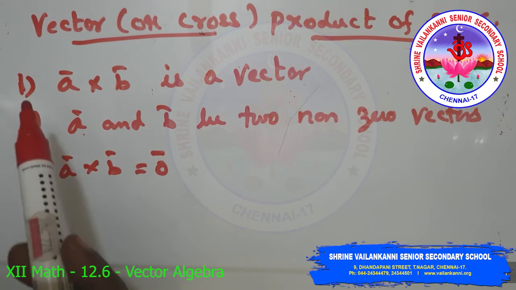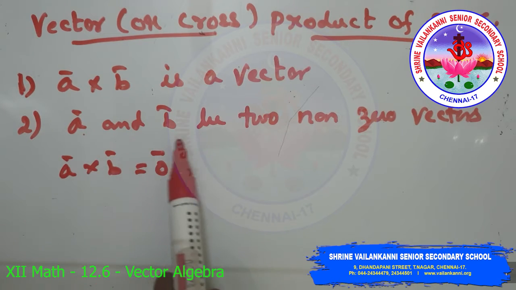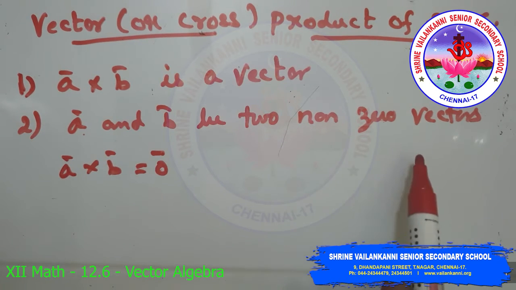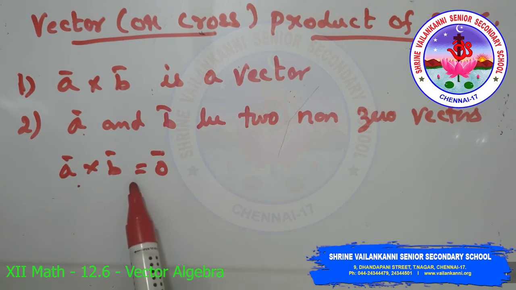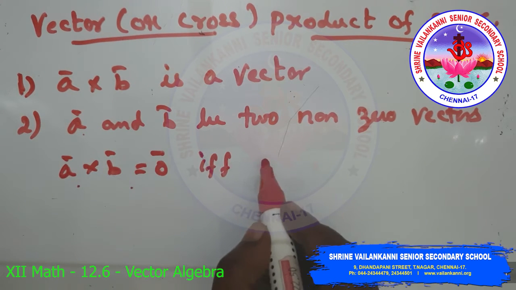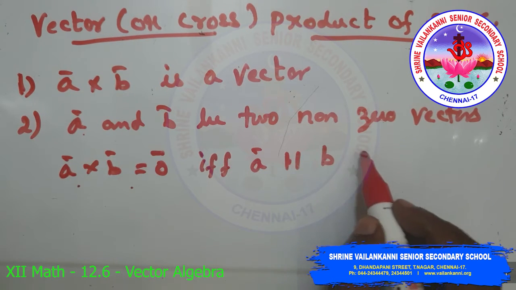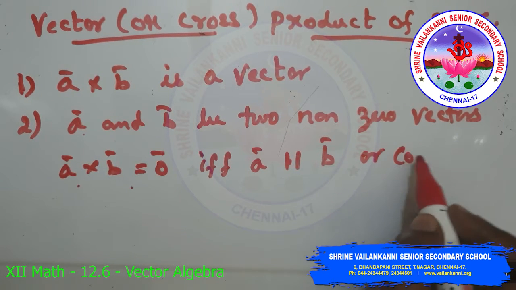Observations. A cross b is a vector. Let a and b be two non-zero vectors. Then a cross b equal to 0 if and only if a and b are parallel, that is, a is parallel to b or collinear to each other.